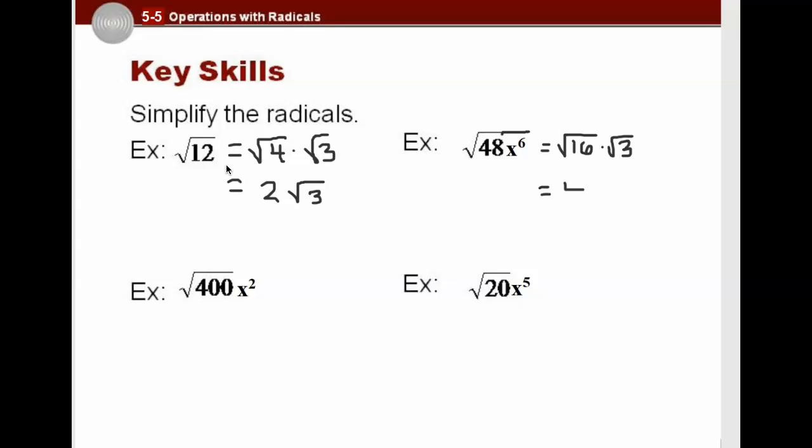So this becomes 4 absolute value x cubed, square root 3. Only the x cubed goes in the absolute value because that's the only part that was odd. So 4 absolute value x cubed, square root 3.